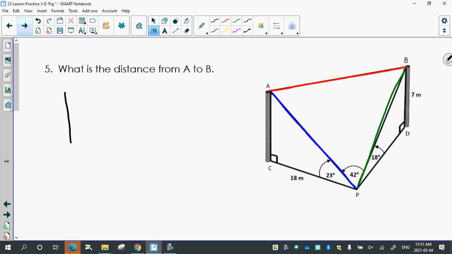ACP is a right triangle where we know this is 23 degrees and this is 18 meters. And we want to find the diagonal or the hypotenuse, which I can call little c. So I can use SOHCAHTOA because it's a right triangle.